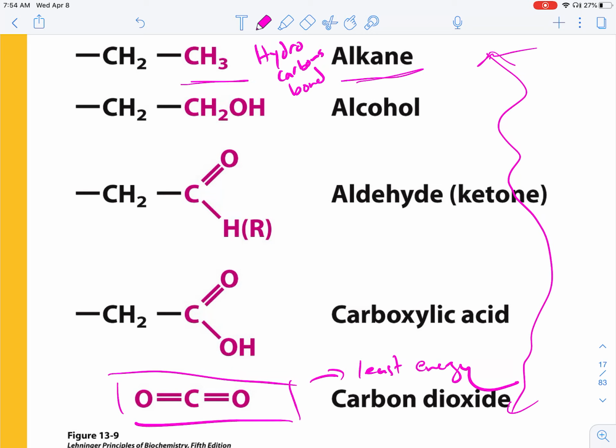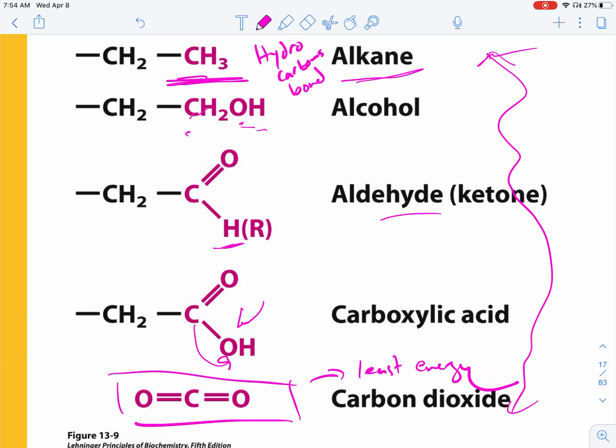So this alkane is going to be the most reduced because it has three hydrocarbon bonds here, right? This alcohol has two hydrocarbon bonds and then another hydrocarbon bond that's connected by this alcohol, right? Whereas this aldehyde only has one, and then this carboxylic acid has one that is going through this ethanol, right?